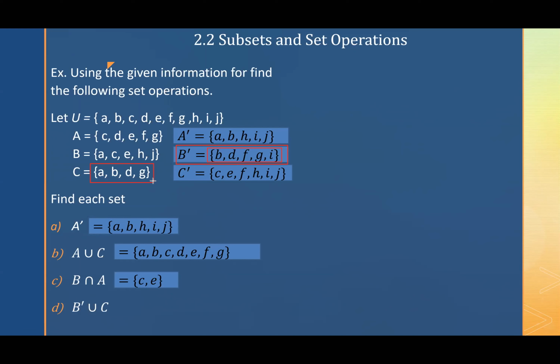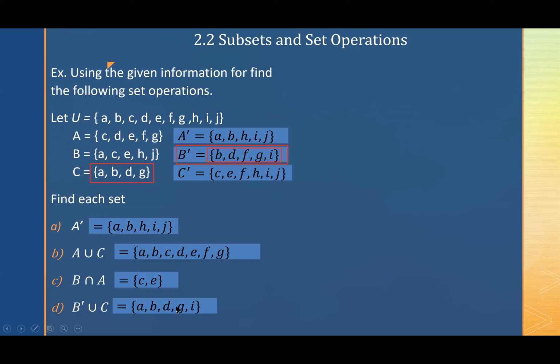So if you do this and put them in order, it doesn't need to be in order, but if you put them in order, it's A, B, D, F, G, I. I'm missing an F, I forgot the F here.